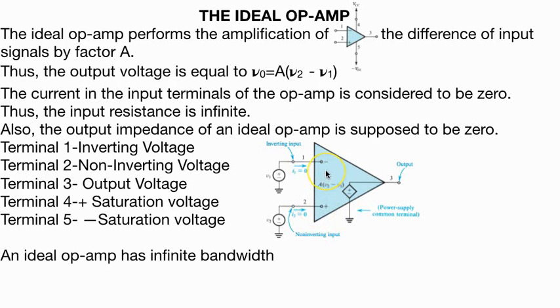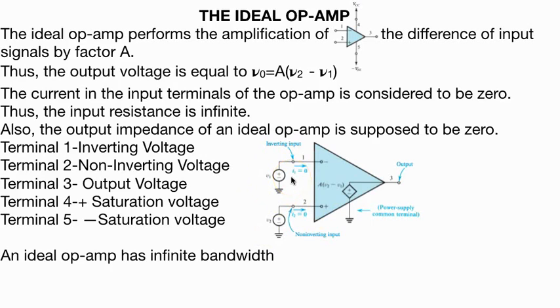An inverting terminal is that terminal where the input voltage experiences a phase shift of 180 degrees. For the voltage connected to the non-inverting terminal, the phase change with respect to the output voltage is 0. So you can say this one is negative and this one is positive.